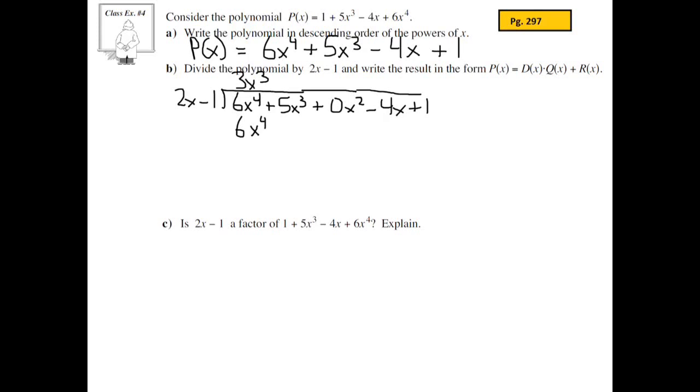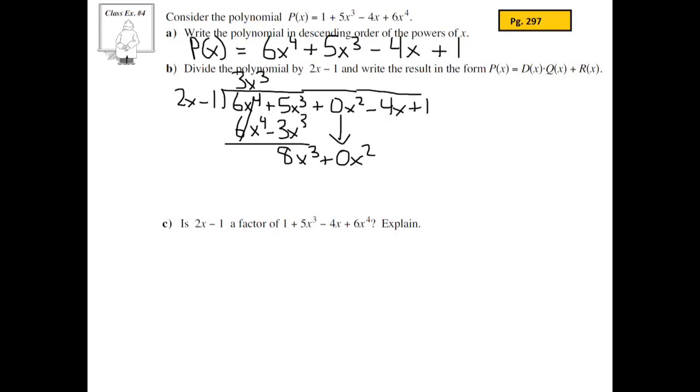And then we have 3x to the power of 3 times negative 1, which is going to be negative 3x to the power of 3. So this part here is cancelled out, but we've got 5 minus negative 3x cubed. So that's going to be 8x cubed. And then we're going to bring down that next part, which is just 0x squared.